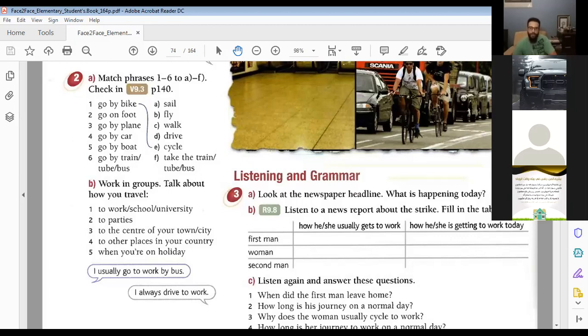On foot? You mean after you arrive, you go on foot, right? Okay. When was your last holiday abroad, Rashid? In Turkey. In Turkey? Okay, good. And when you went around the city, did you go on foot? Yes. Okay, that's nice.